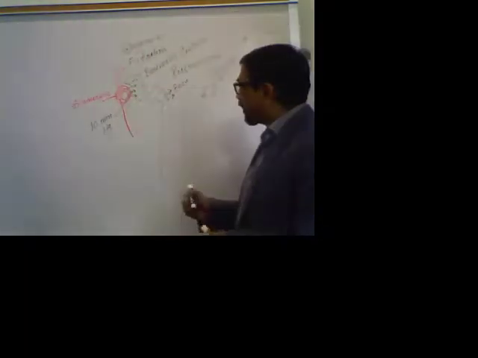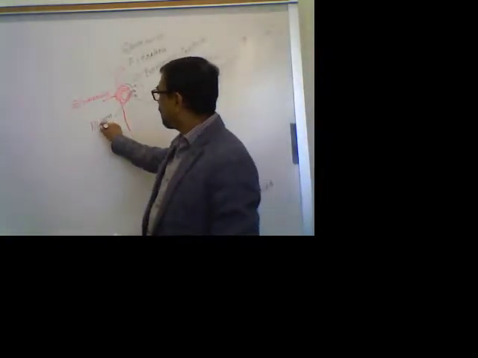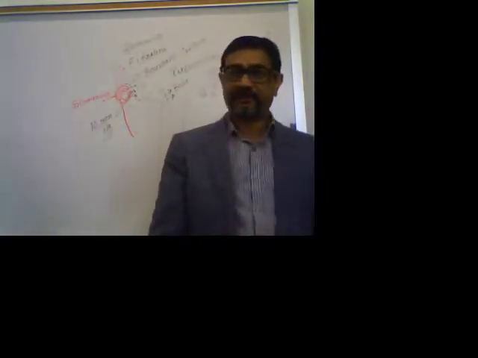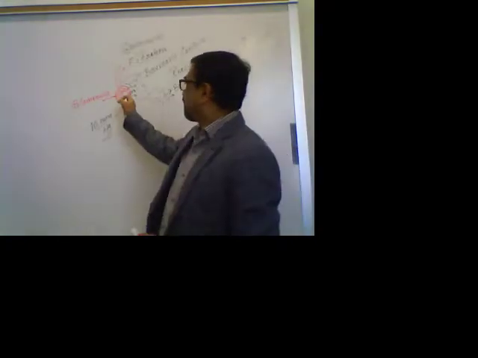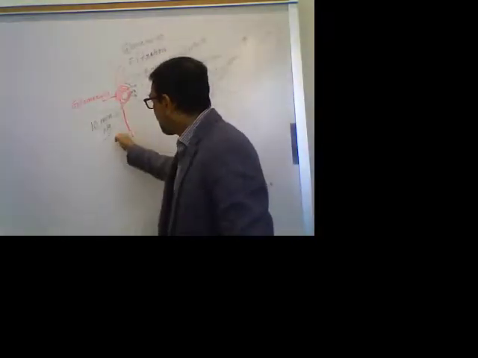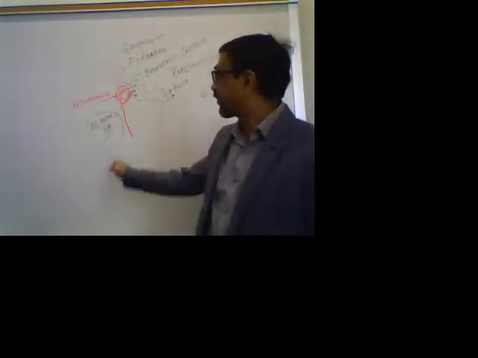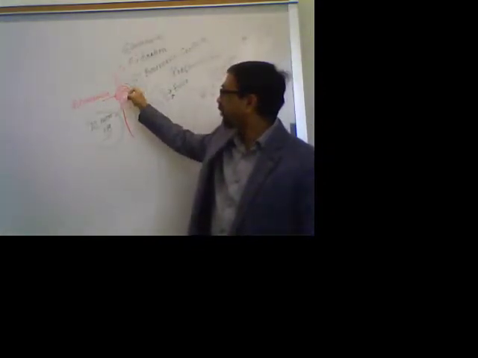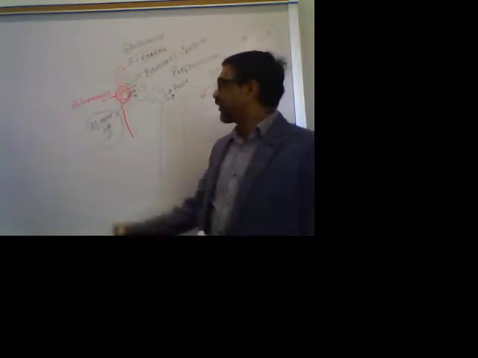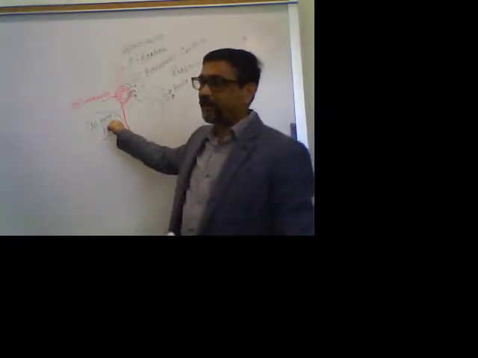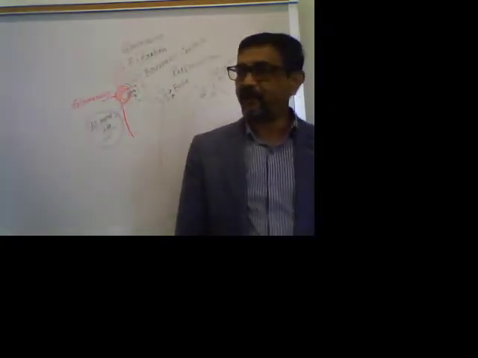Now, the filtration pressure is 10 millimeter of mercury. This 10 millimeter of mercury is the net result of three pressures. Three pressures are present here. This is the final pressure that pushes the fluid out, 10 millimeter of mercury.